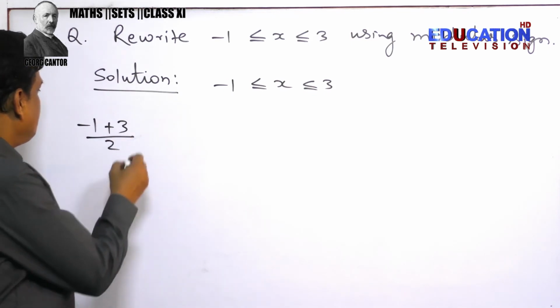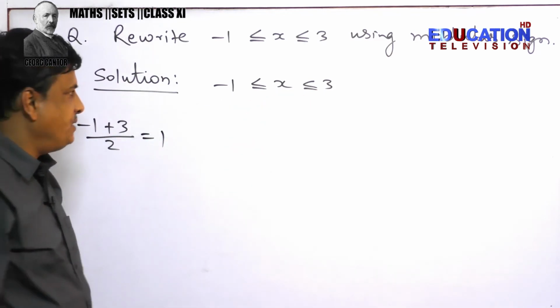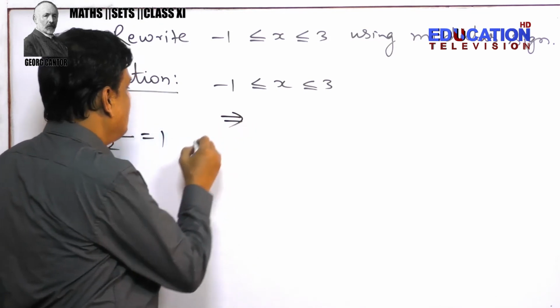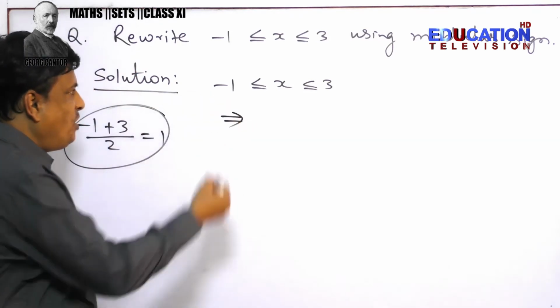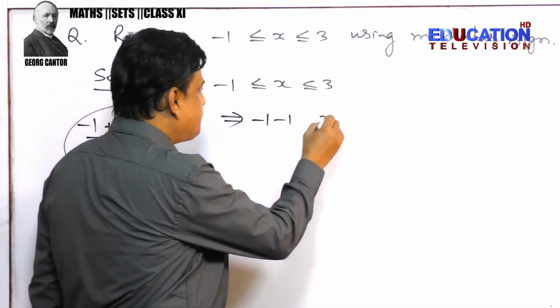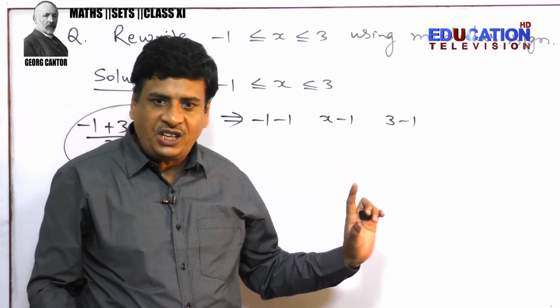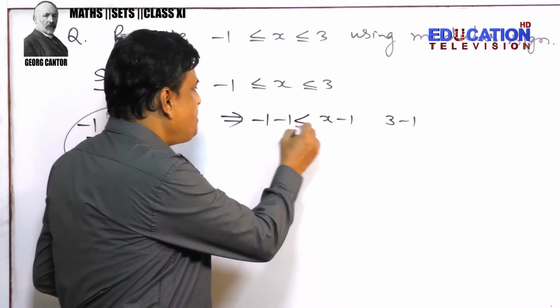What we get? 1. Subtract 1 from each side. This is the technique by which we find the number. Subtract 1. The same number is subtracted from each, so the inequality sign will not change.